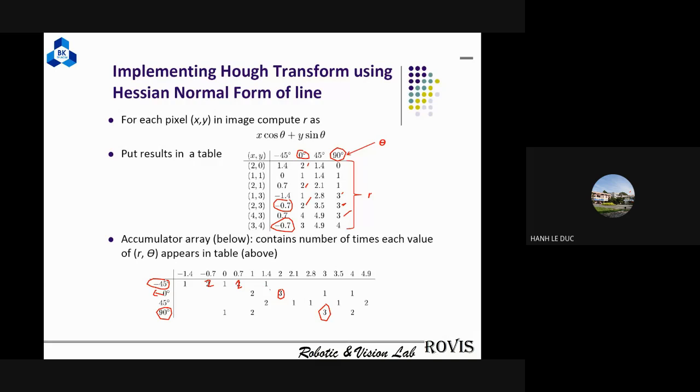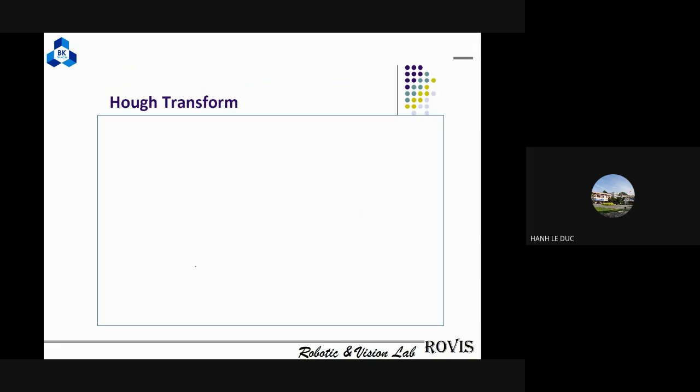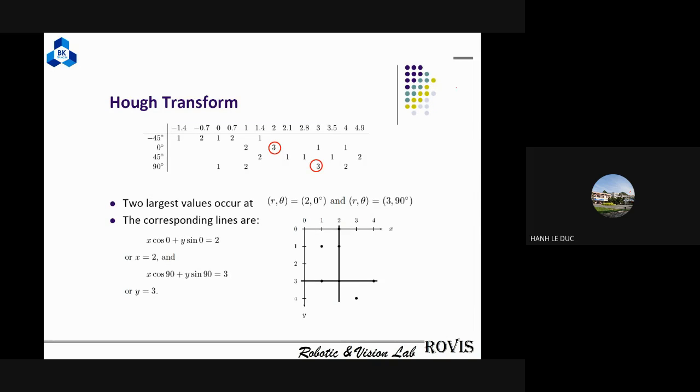So I know that from the original image, there are 2 lines going through 3 points. So how to calculate the equation of it? Let's do this. From here I have the R value and theta.